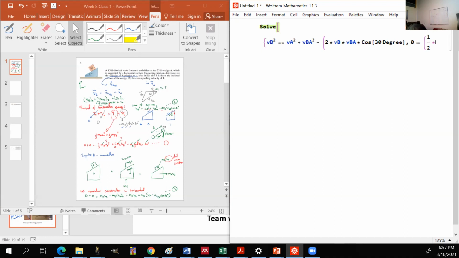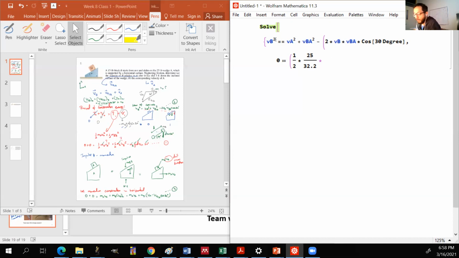MA was 25 pounds. Remember, Mathematica doesn't know units, right? So actually, it's not going to be 25 pounds, because it's 25 divided by gravity, right? That is 25 pounds divided by 32.2 feet per second squared to get the mass, times, oh no, I can just use this one.